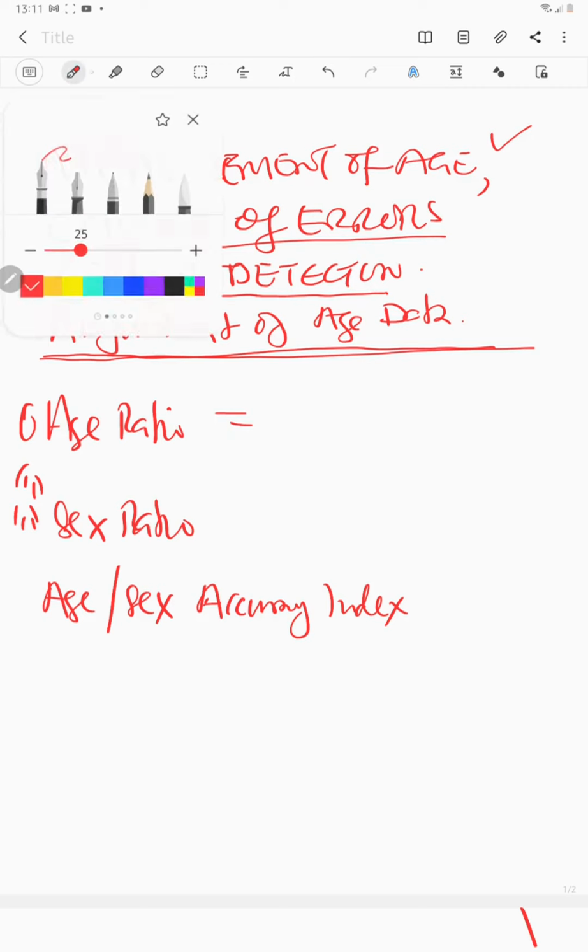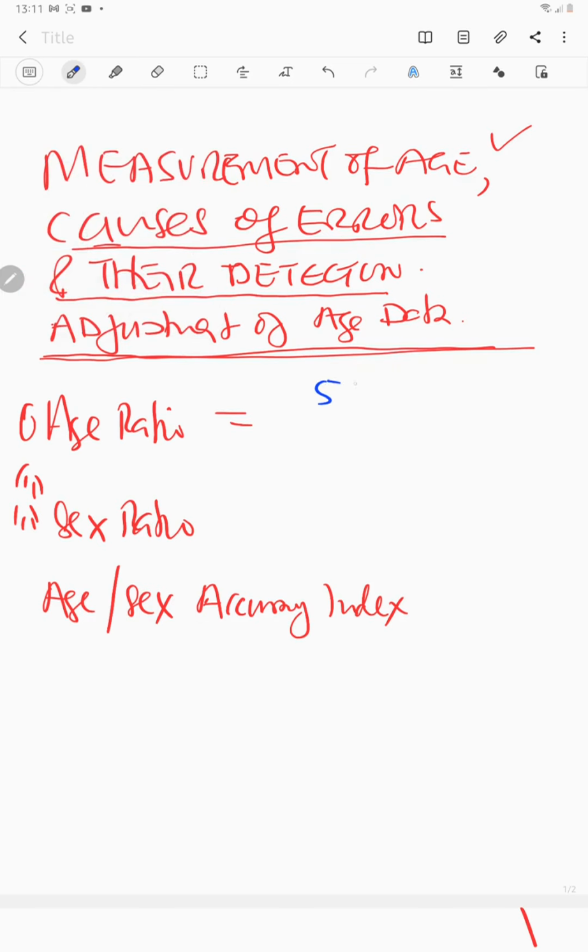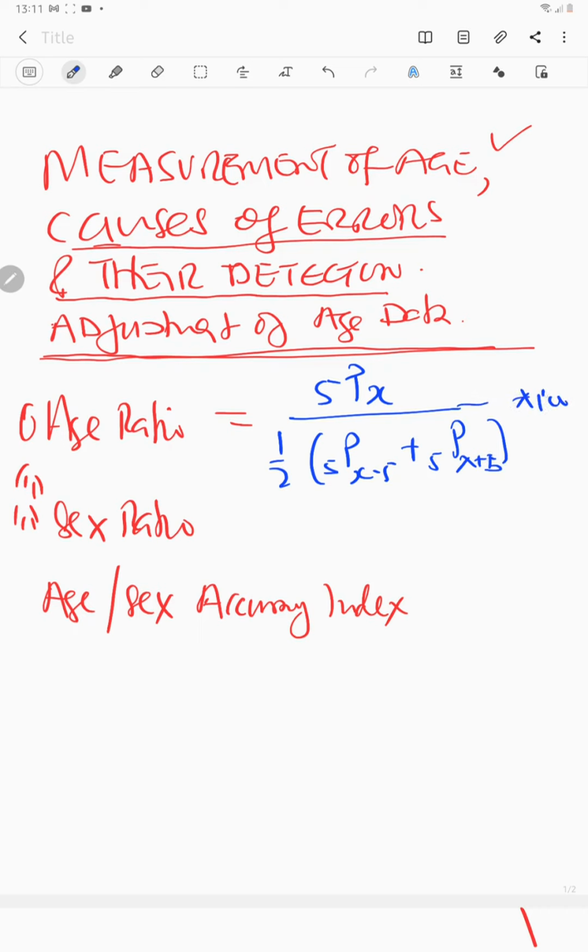Now, the age ratio, at this moment we can define it as the following equation: 5Px over half bracket 5Px−5 plus 5Px+5, in brackets, multiplied by 100.